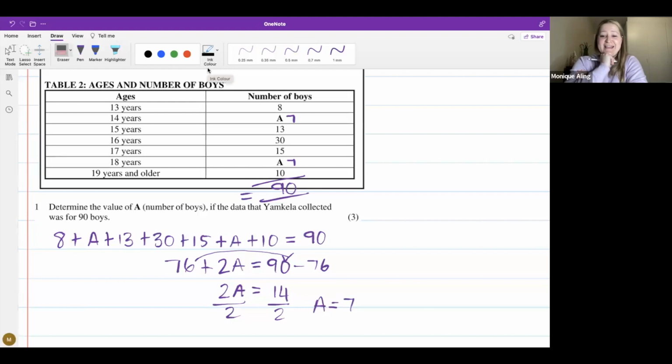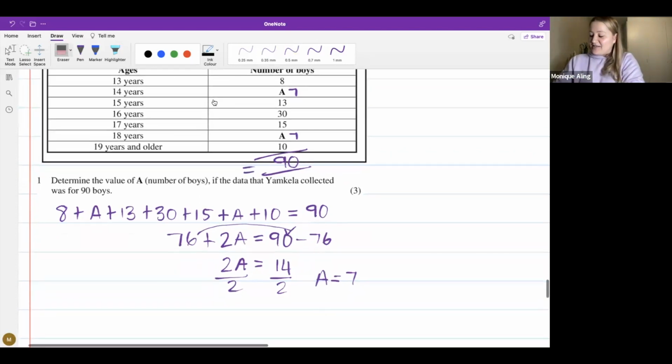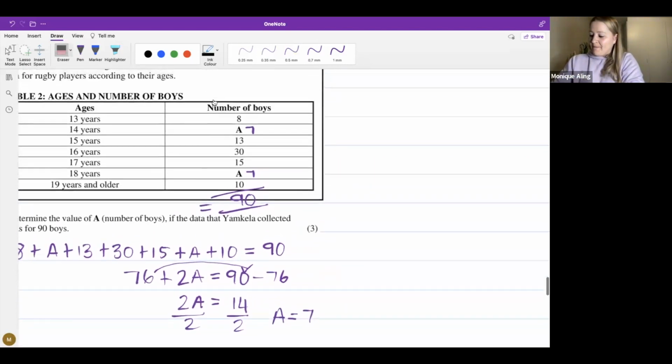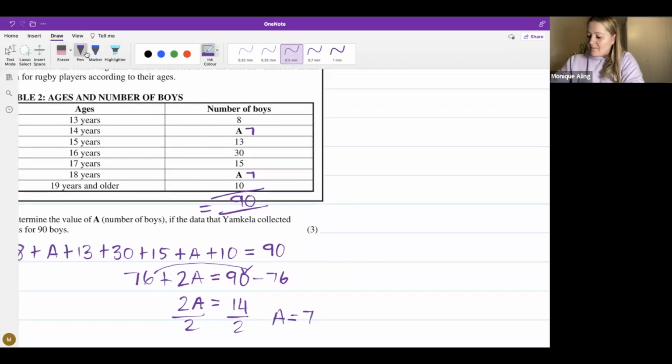Again, if you're looking at the number of boys, you'll see that 7 has been repeated. However, if I had to rewrite all of these numbers, like I said earlier, 13 years old, 13, 8 times.